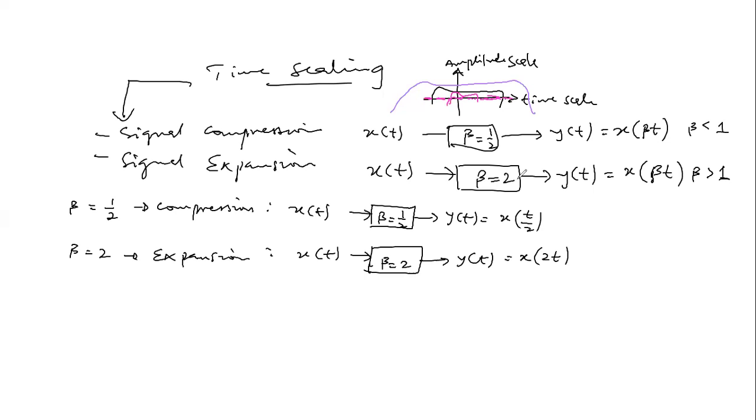Now, we can play with one simple example. Let us figure out something. Let's say we have a signal S of t, which goes from 0 to 2. This is what we have. So I want to perform signal compression by multiplying the time scale by 2.